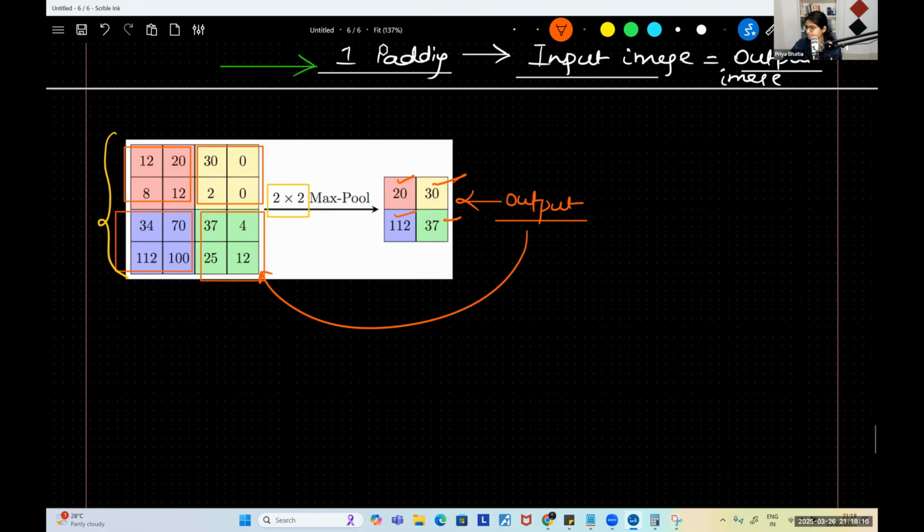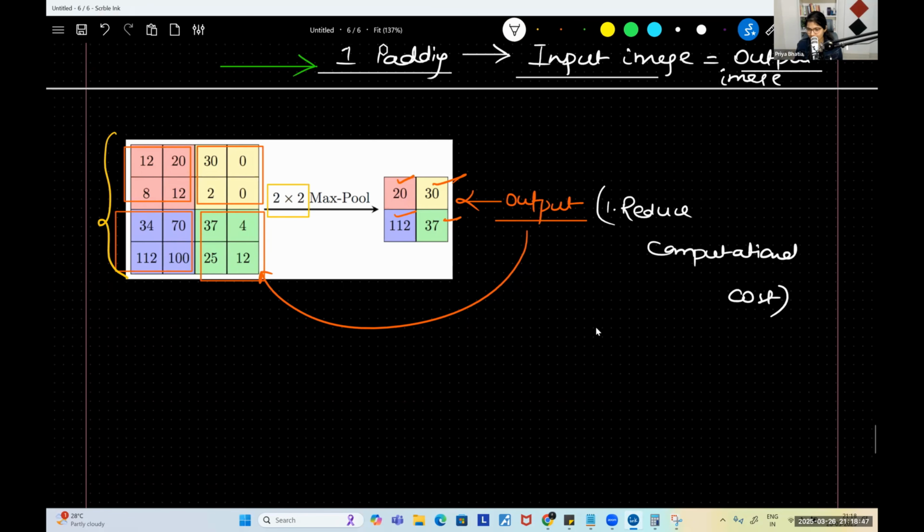Any answer? Any guesses? Exactly. First thing, it will help me reduce the computational cost, right? Now, instead of having bigger dimensions, which I have to store, I am just using a smaller dimensional part.